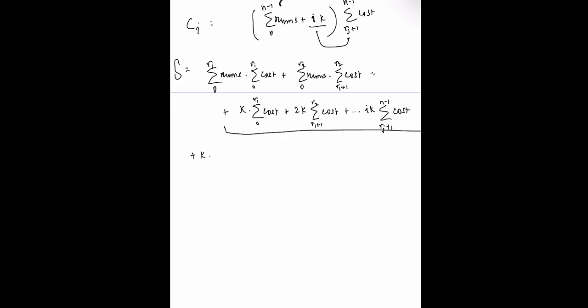Right. So I'll write this part of the formula in a different form. So I'll take K outside, R1 cost plus 2 into R1 plus 1 till R2 cost plus so on till I into Rj plus 1 till n minus 1 cost.